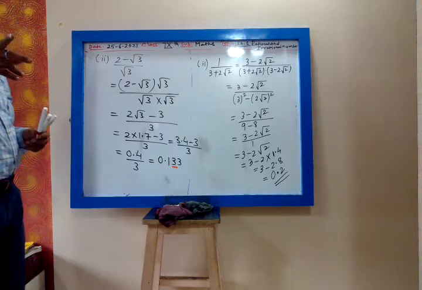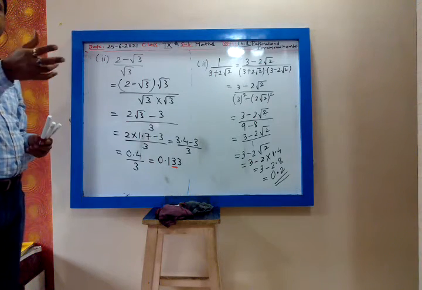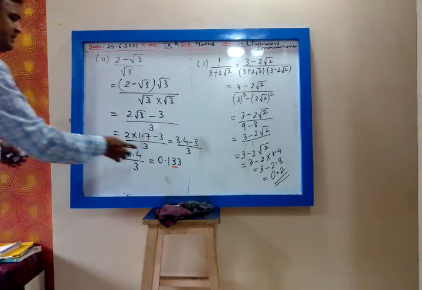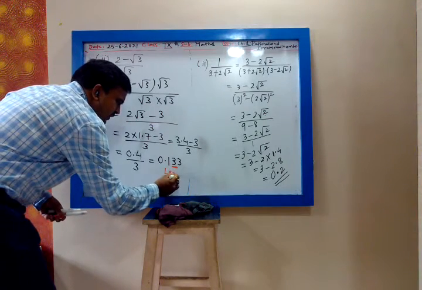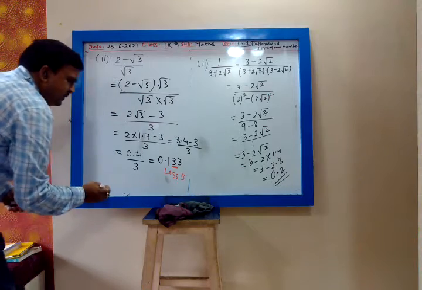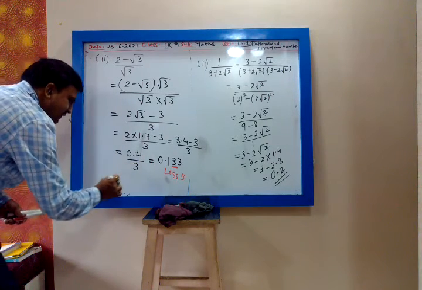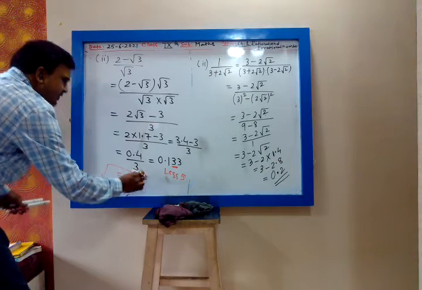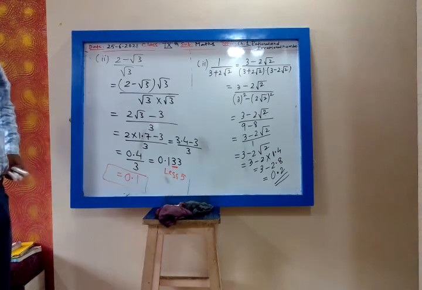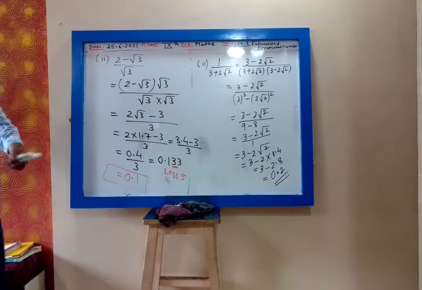If that second digit is 5 or more than 5, then we increase the previous digit. It is 3, less than 5, so we write this as it is. So the answer is 0.1. I will not increase this 1 because it is less than 5.